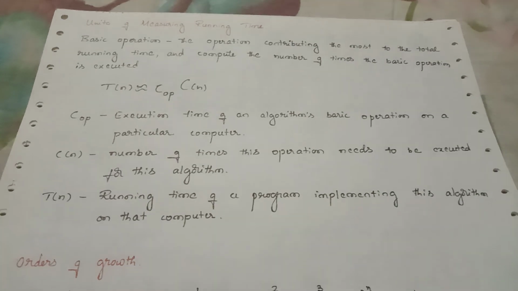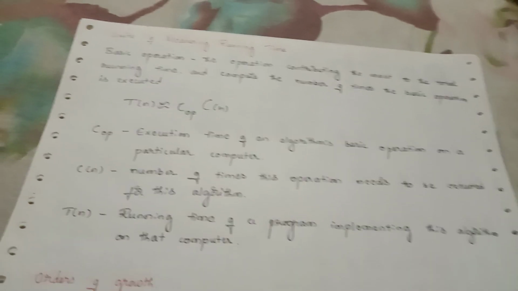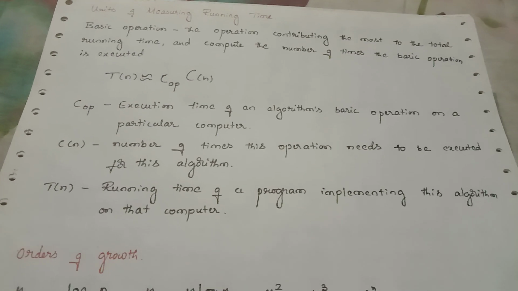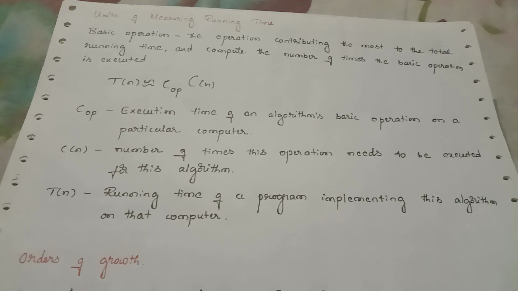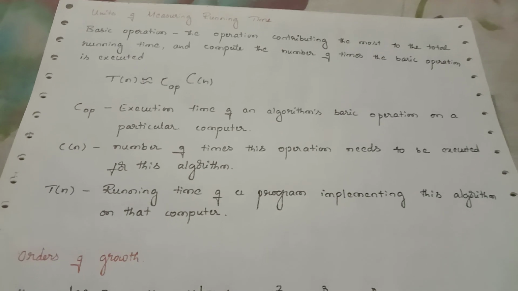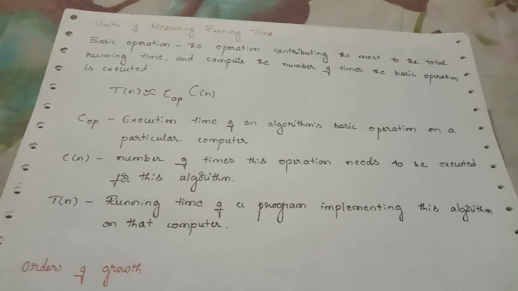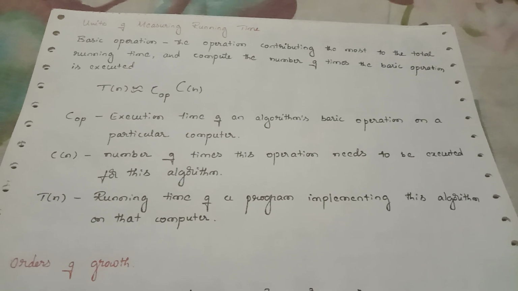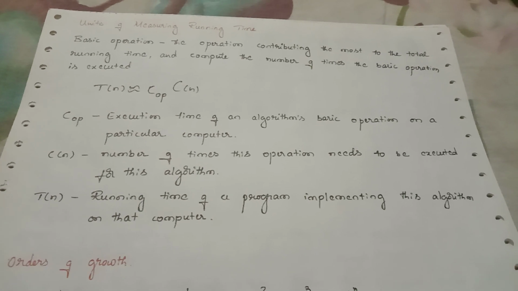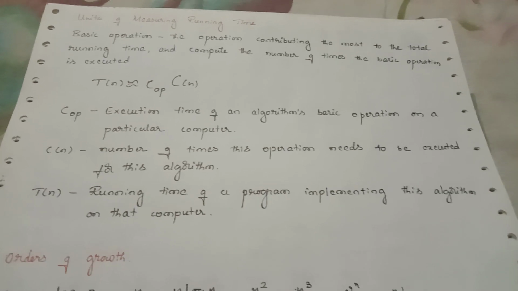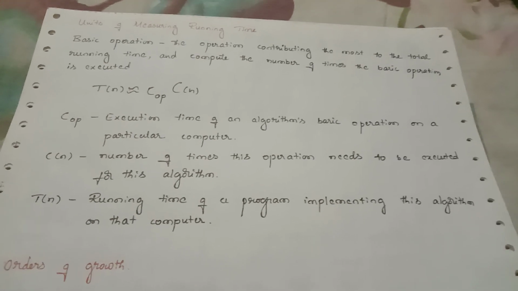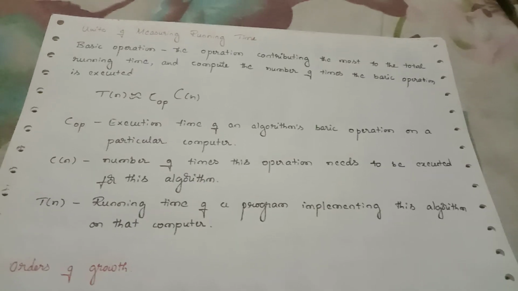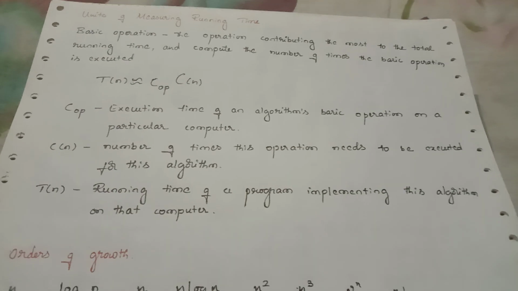When we feed this algorithm to the computer, in the format of a program, many things come into the picture: the implementation of the program, the compiler that generates the machine code, a difficulty in clocking, or the speed of the computer. So many things come into the picture.